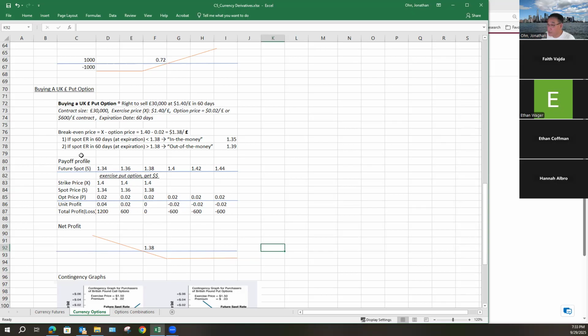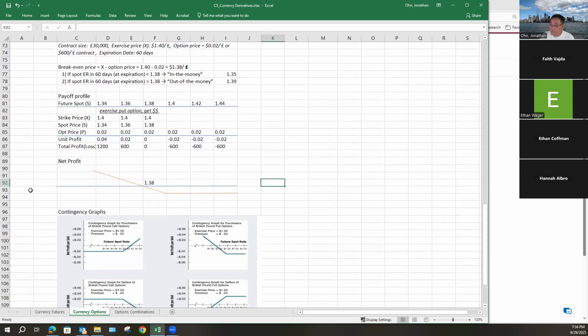Again, the beauty of this put options contract in this case: when the pound value goes in the favorable direction, you enjoy your profit. When it moves in the unfavorable direction, you are protected from further loss. That's the beauty of this option contract.